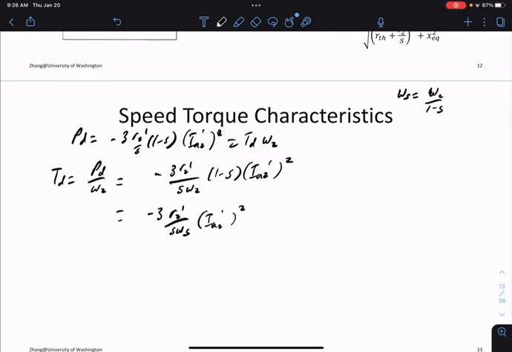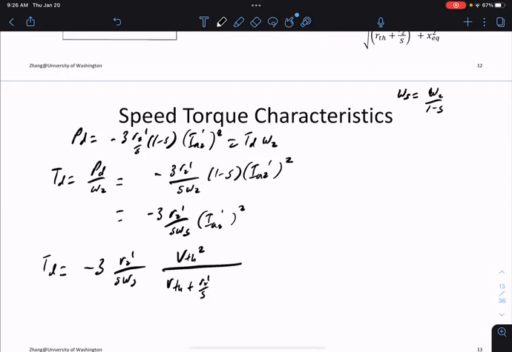Then you can combine all these equations: minus 3 R2 prime S over omega S, times VTH squared over RTH plus R2 prime over S squared plus X equivalent squared.